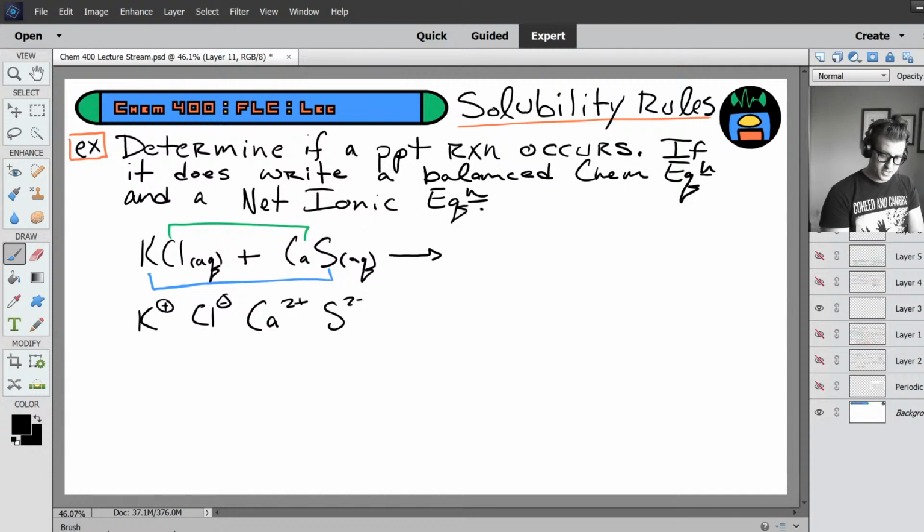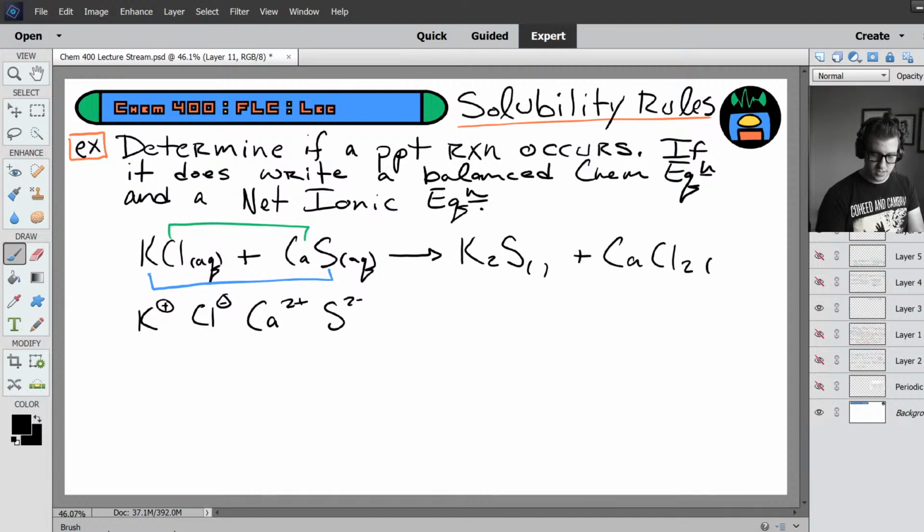Sulfide is a -2. So potassium sulfide will pair up as K2S with some phase that we haven't determined yet, and calcium chloride will show up as CaCl2, again with a yet to be determined phase.